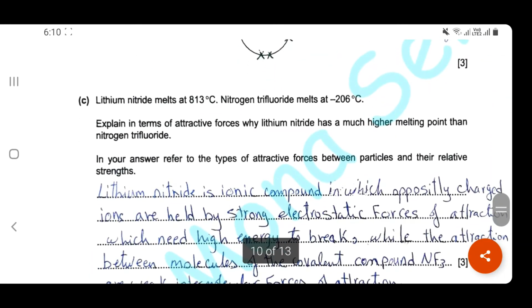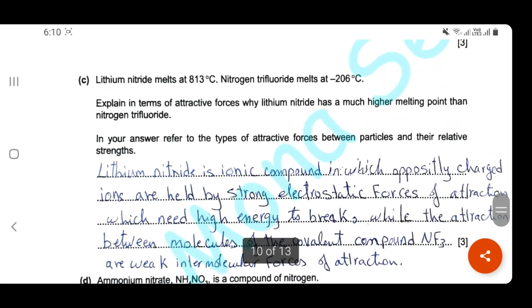Lithium nitride melts at 813 Celsius and nitrogen trifluoride melts at -206 Celsius. Explain in terms of attractive forces why lithium nitride has a much higher melting point than nitrogen trifluoride.